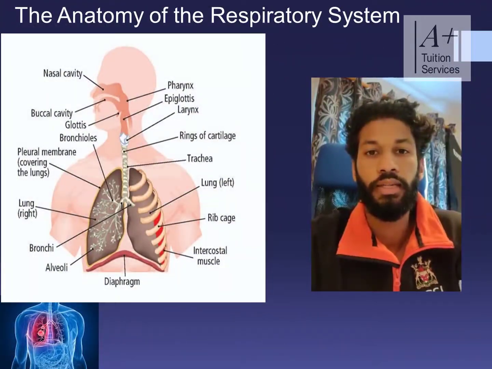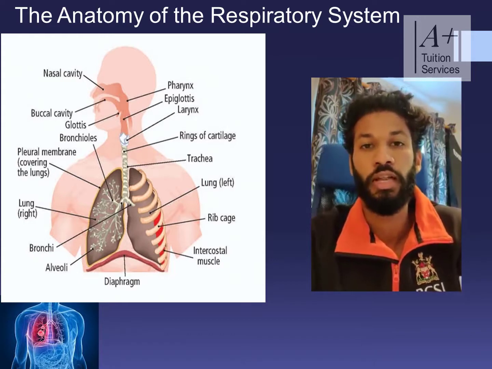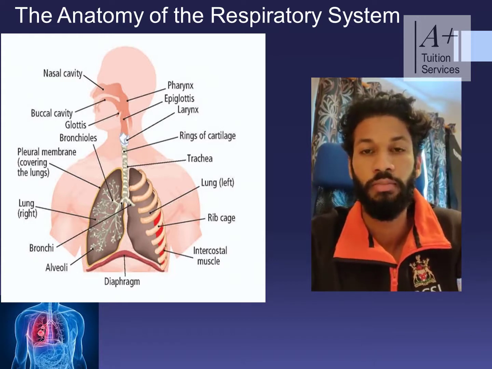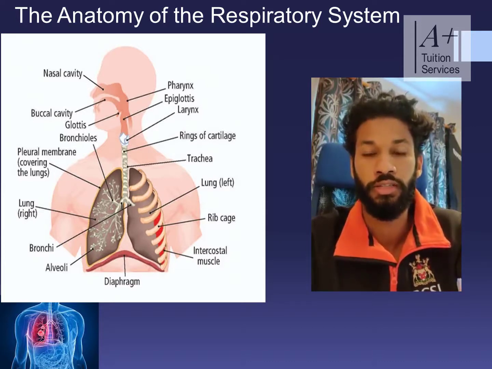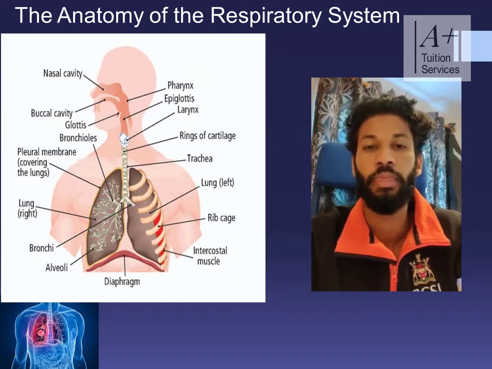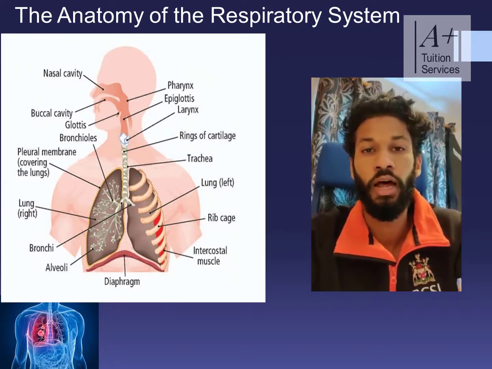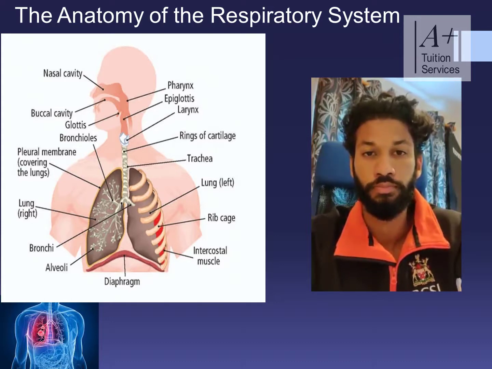We'll now be looking at the anatomy, the structures that make up the respiratory system. This begins with the nasal cavity or your nostrils, where air enters when you breathe in and exits when you breathe out. The air then moves to the larynx and the trachea, which divides into two bronchi, the left and the right, which then branch into smaller and smaller bronchioles.